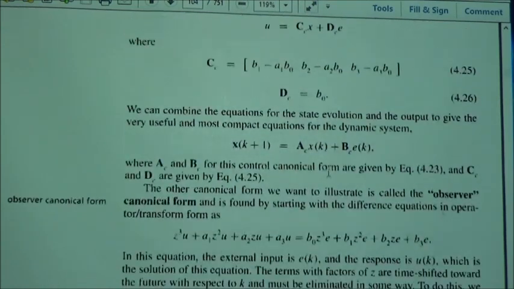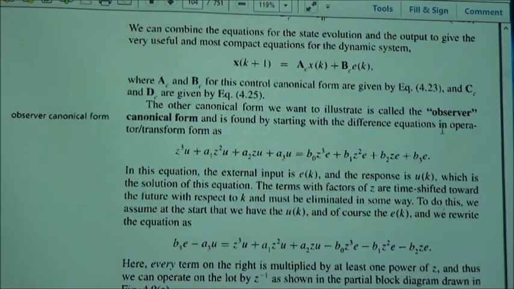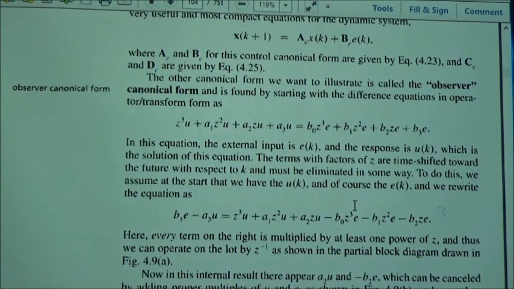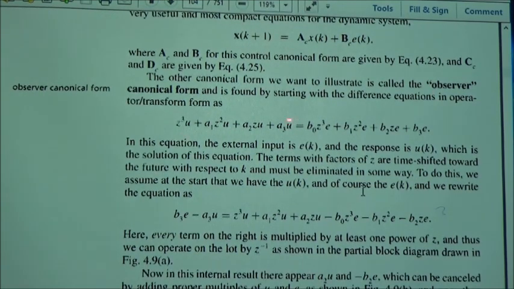Now, for observable canonical form, you start with this equation, and again you have a whole bunch of terms depending on E also, same as U, so you have a fully delayed input and output. You can do the same thing I said before.